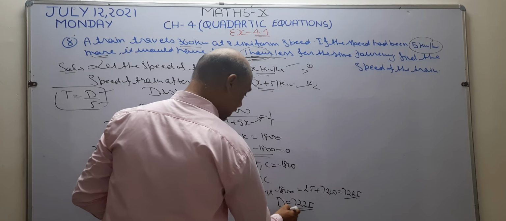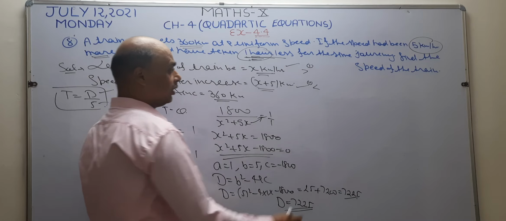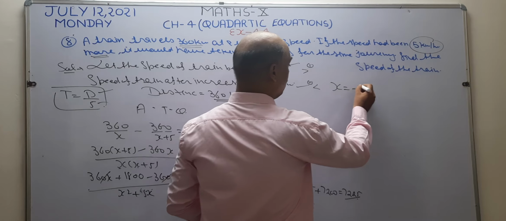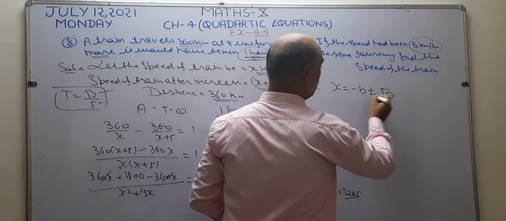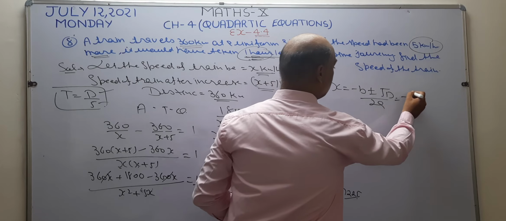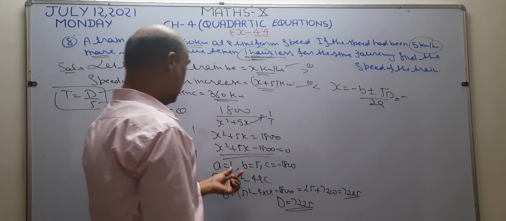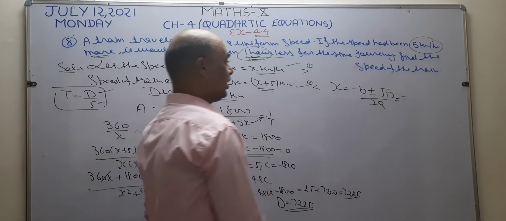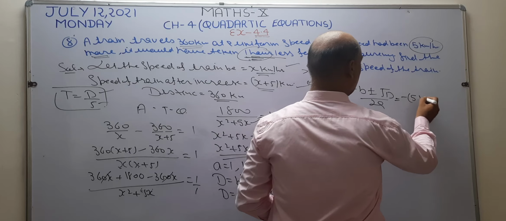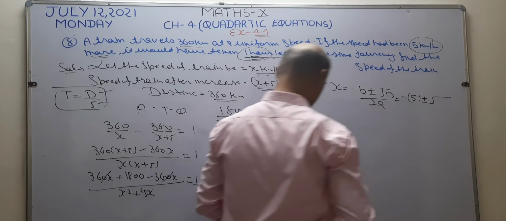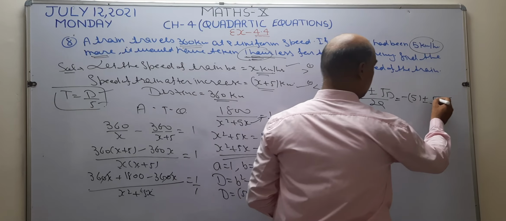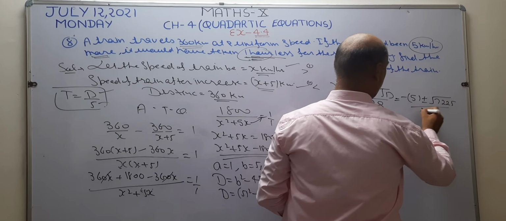Okay, now I want to use the quadratic formula. The quadratic formula is x equal to minus b plus minus root d upon 2a. What is the value of b? See, the value of b is 5, so write here 5. After that, the value of d, which is 7225, upon 2 into a.